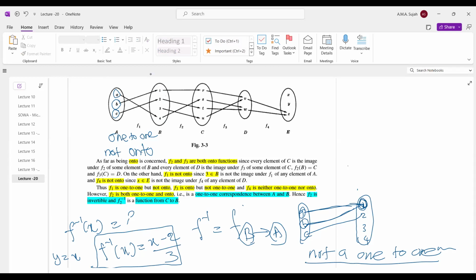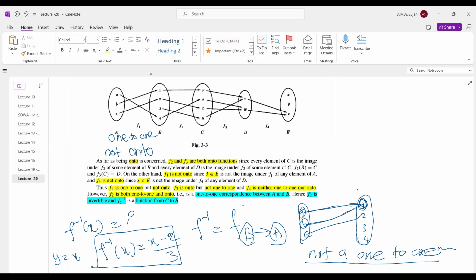One-to-one function means that no two different domain elements have the same image, right? Here there is no case like that, so it's a one-to-one function.